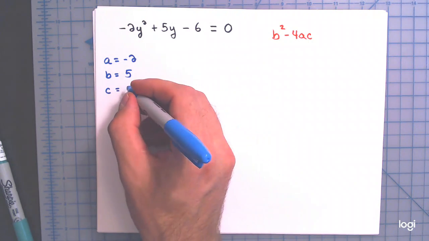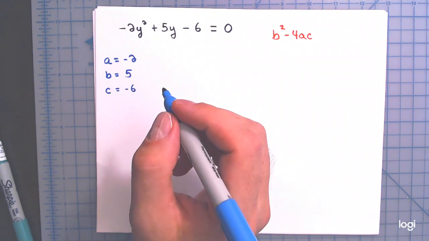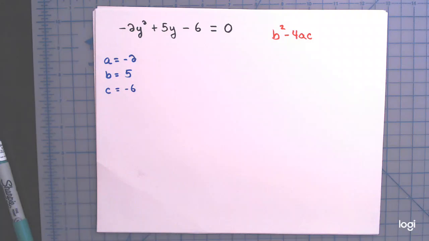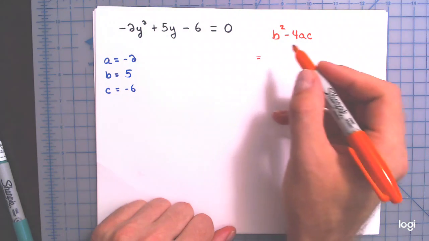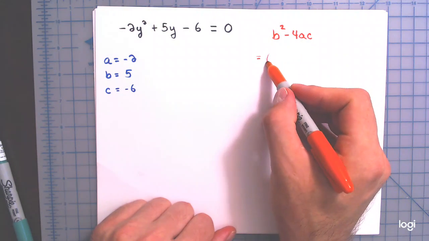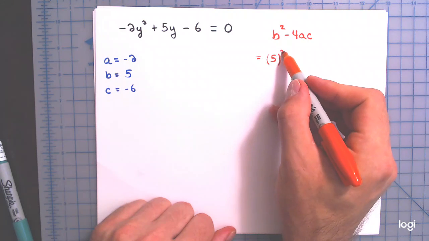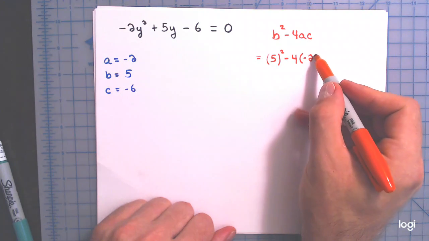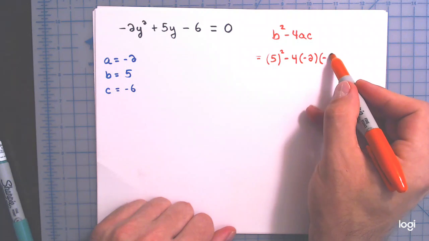Don't forget the negatives are part of the term. Alright, so popping these into the discriminant, b squared minus 4ac. B squared, I have 5 squared minus 4 times a, negative 2, times c, negative 6.